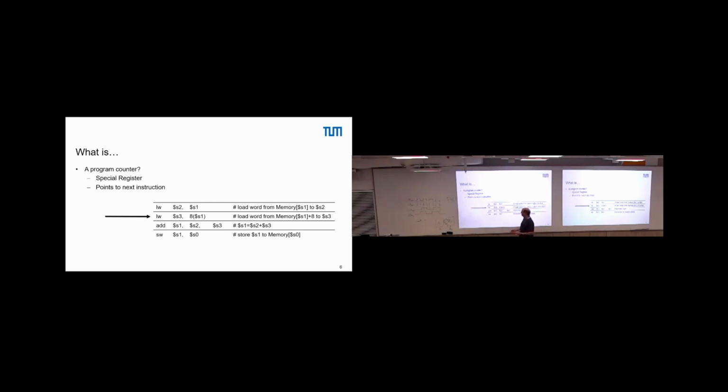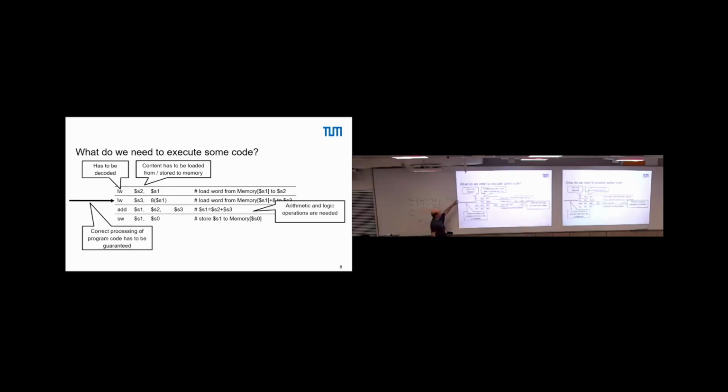And what did I miss? Yes. To make any progress here, we also need a counter. Why? Because otherwise we do not know where in our program we are. So we need a counter that points to the line we currently process.